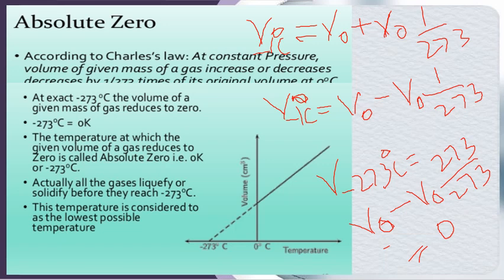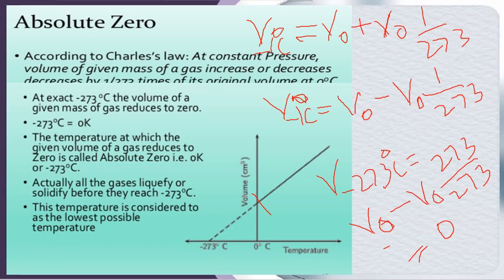Look at the graph. You can see here a graph is plotted between volume on y-axis and temperature on x-axis. Now you can see the drop in temperature is intersecting the volume line at 0 degree centigrade, and then further an extra plotting is done with the broken line, and it touches the temperature axis with the 0 volume at minus 273 degrees centigrade.